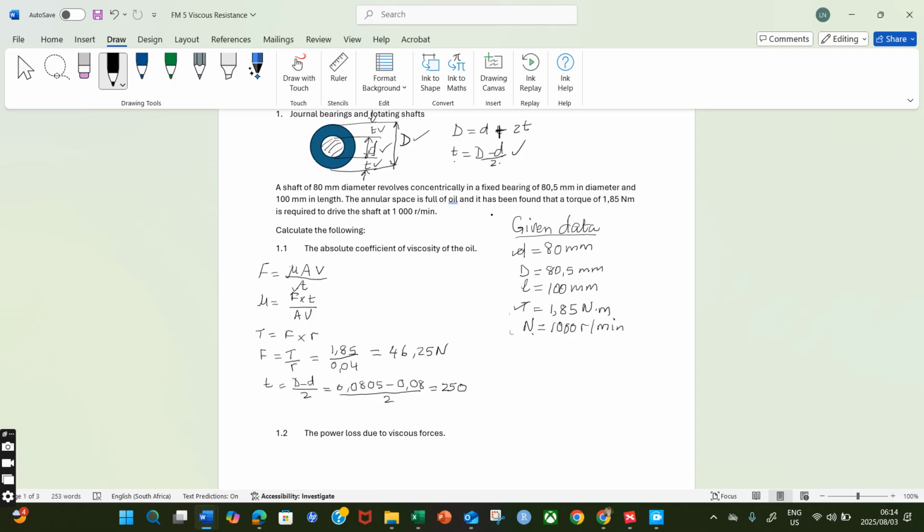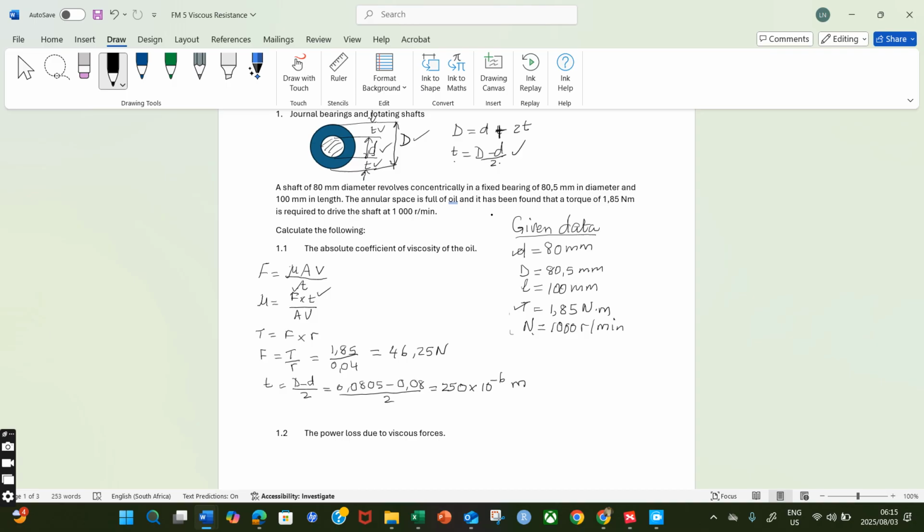So this will be 250 multiplied by 10 to the power negative 6 meters. It is in meters. All right. Now in that manipulated formula, we have T. The next step, we must calculate the area.